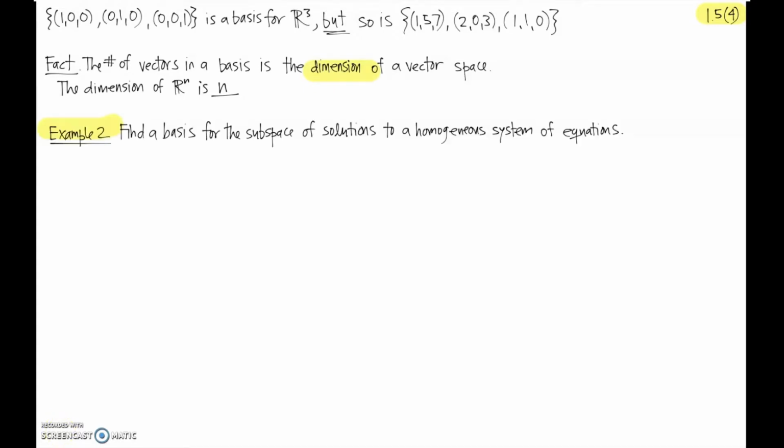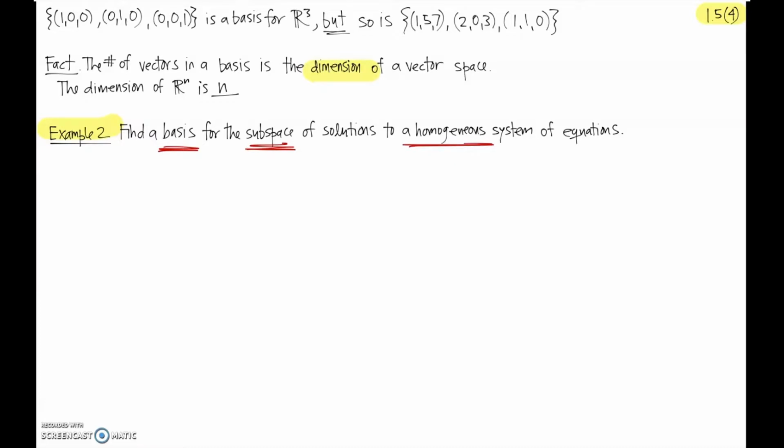In our last example for this section, we're going to find a basis for the subspace of solutions to a homogeneous system of equations. And this has so many things that we've learned in it. It's a great problem. First of all, think of all the things that we've learned that this one example is incorporating.